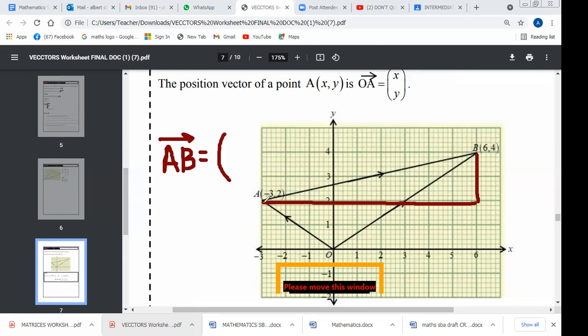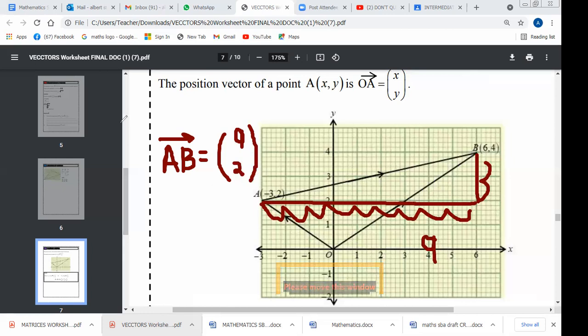All I need to know is how many units. I'm going from A to B. I'm going right. How many units to the right am I going? Turns out to be 9. So it's plus 9 to the right. And after I go right, I go up. So it's 2 units up. So you notice, I worked out the same thing a while ago using the vector equation mathematics, and then I just use the graph and determine my answer.